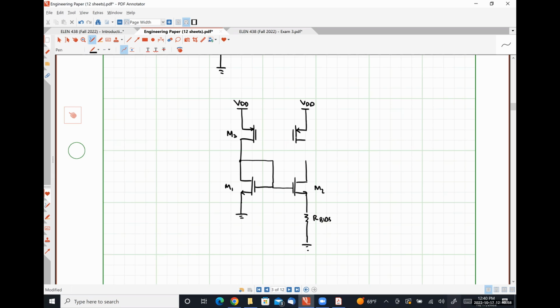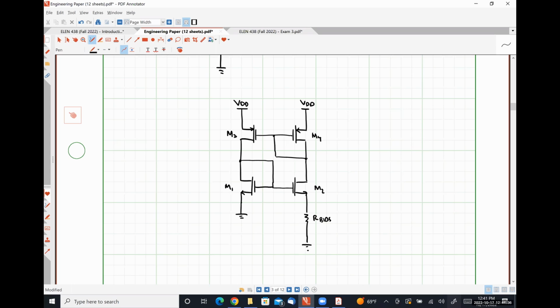Here's our PMOS. Those gates are tied together, and I need to tie the gate of M3 and M4 to the drain of M4 and M2, like so. If we didn't have this bias resistor here, this would actually be an example of a Wilson current mirror. So they have all these different funny names named after dead white guys for the most part.